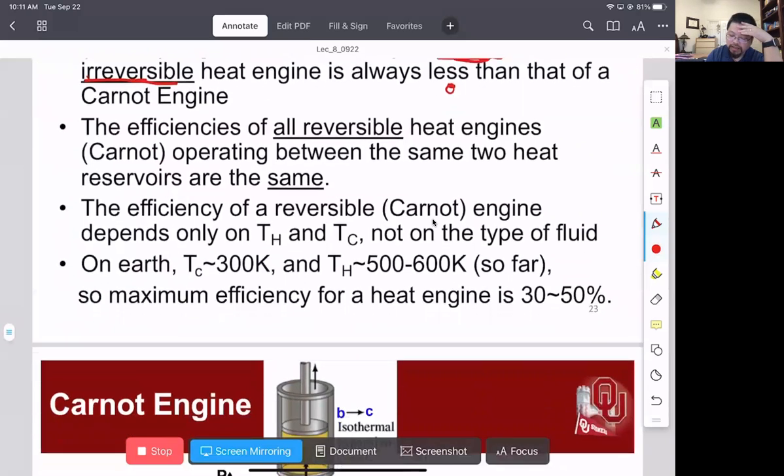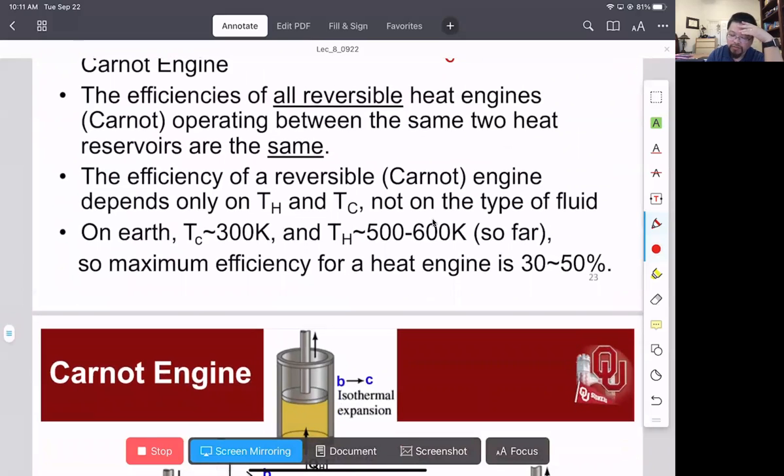The second understanding from his theory is that the efficiencies of all reversible heat engines, meaning Carnot engines, operating between the same two heat reservoirs will be exactly the same. The maximum efficiency, as long as you've identified your TH and TC, will always be the same, regardless of the working fluid, regardless of the path you design, as long as it's a reversible Carnot cycle.